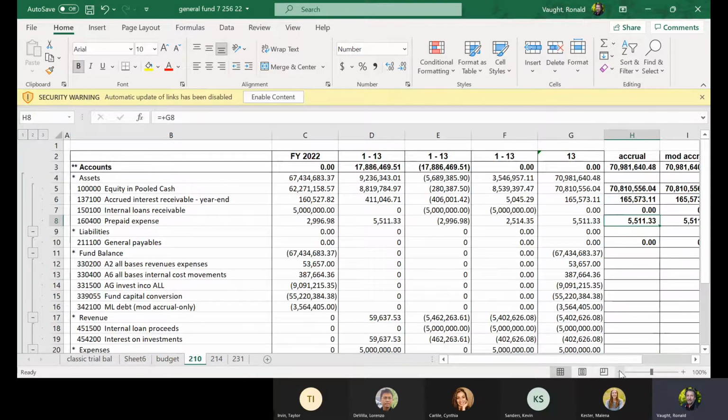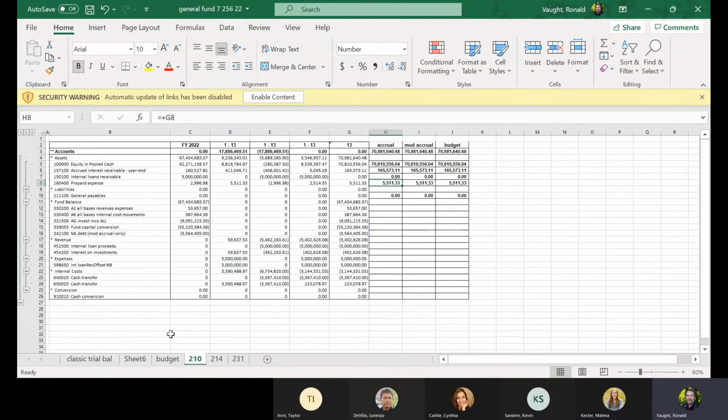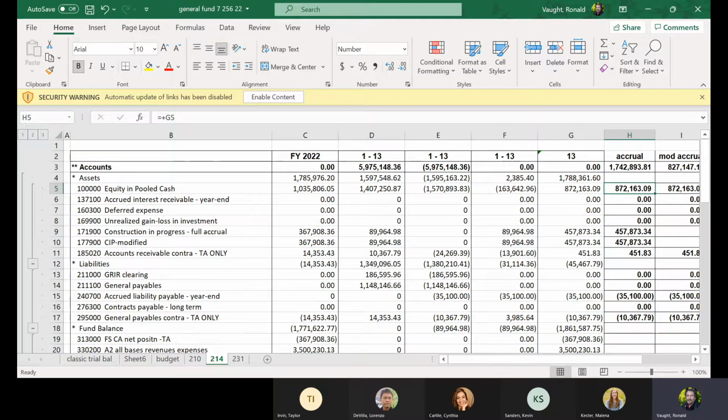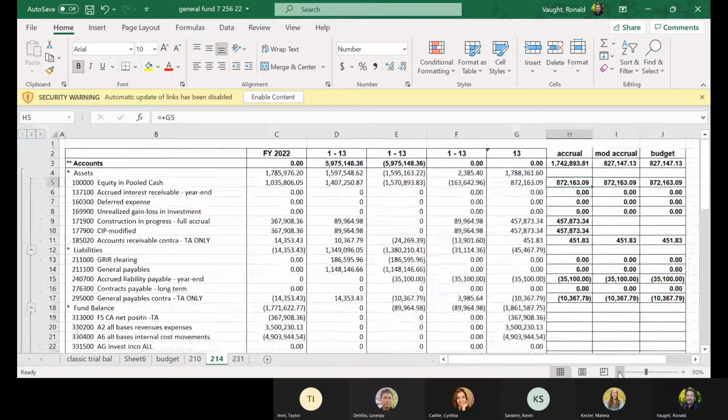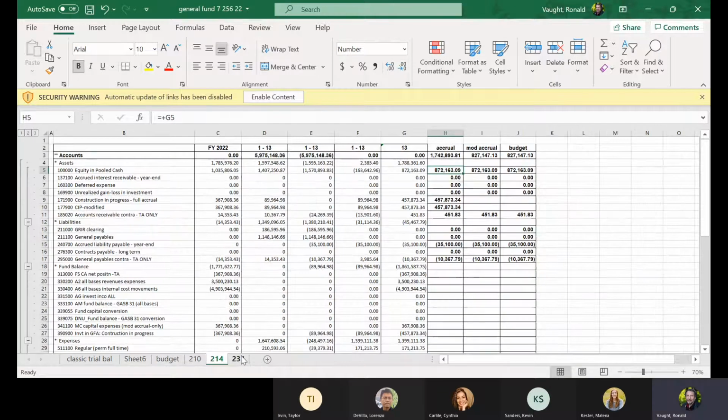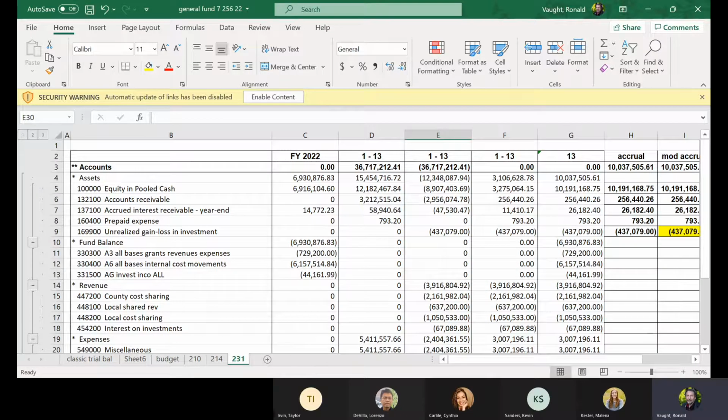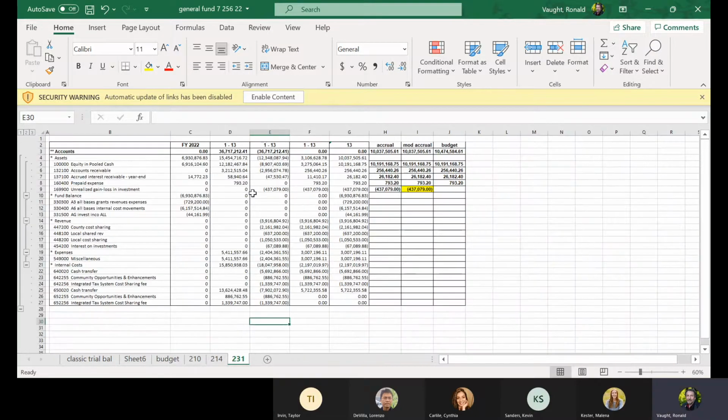you have to actually double check those particular funds, and there weren't any reconciling items there. And there weren't any reconciling items in 214. But there is unrealized gain and loss in Fund 231 again, so that would be another reconciling item to get from GAAP to budget.